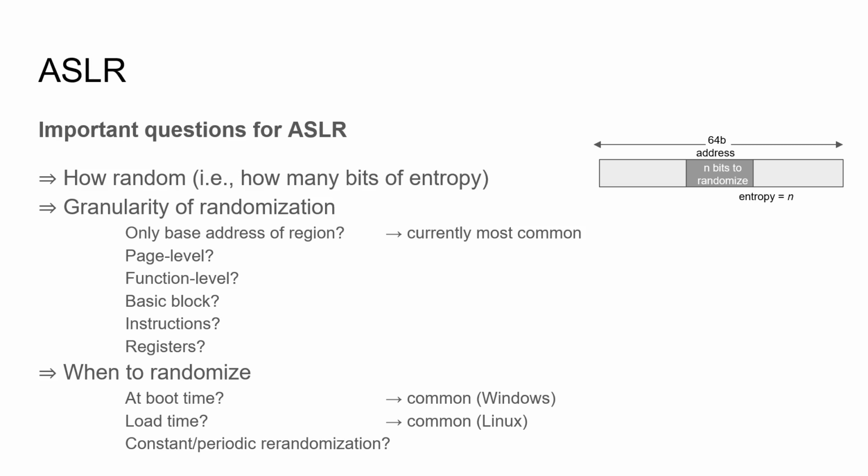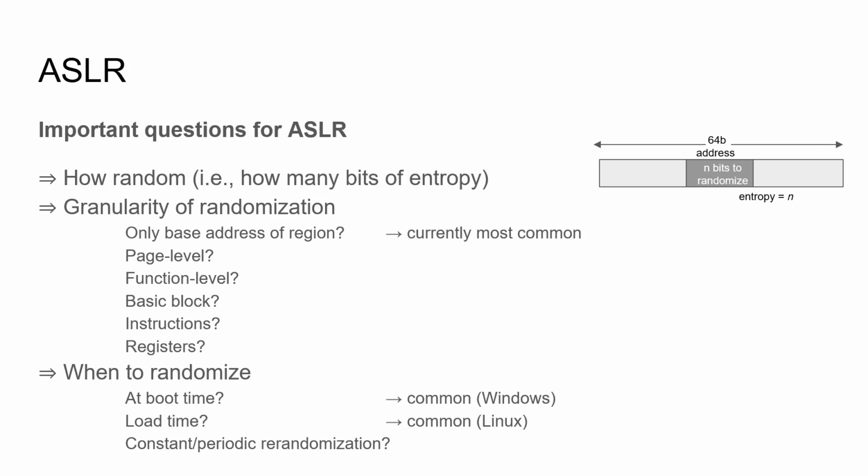So regardless of whether it's randomized so that it's located at address 1000 on one system and address 50,000 on another system, you know that function foo will always be at the same offset from that base. So that is the granularity of the base address of a region, and that's the most commonly applied randomization.